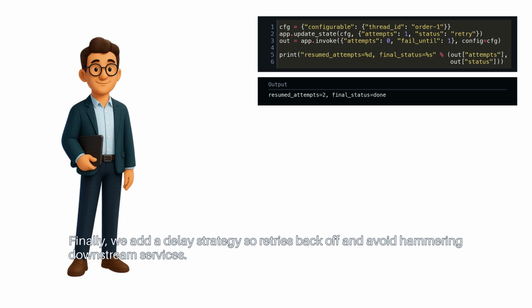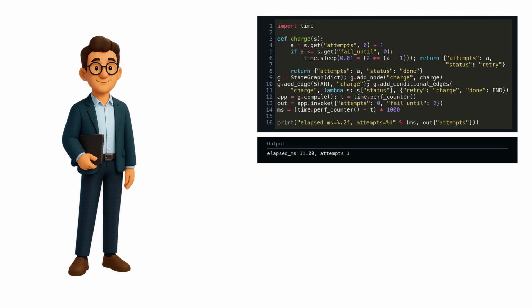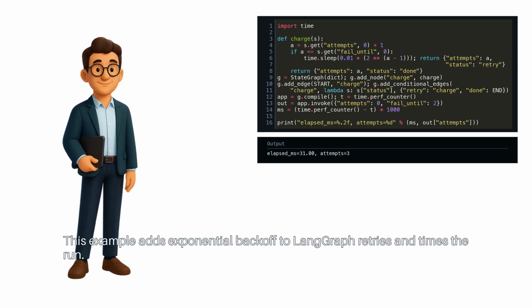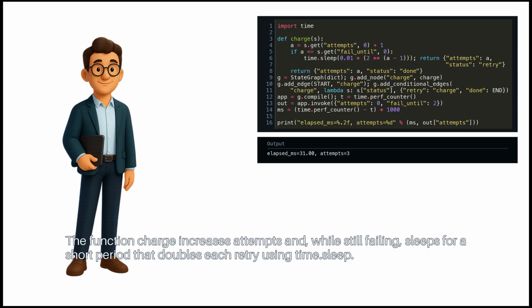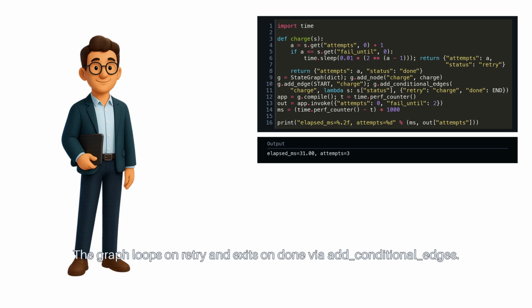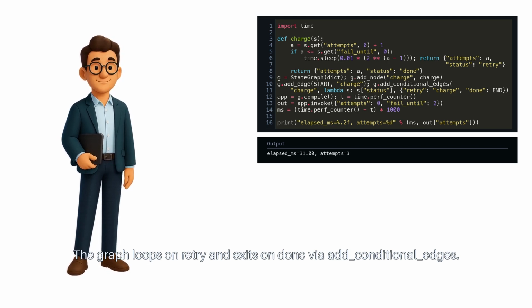Finally, we add a delay strategy so retries back off and avoid hammering downstream services. This example adds exponential backoff to LangGraph retries and times the run. The function charge increases attempts and, while still failing, sleeps for a short period that doubles each retry using time.sleep. The graph loops on retry and exits on done via add_conditional_edges.